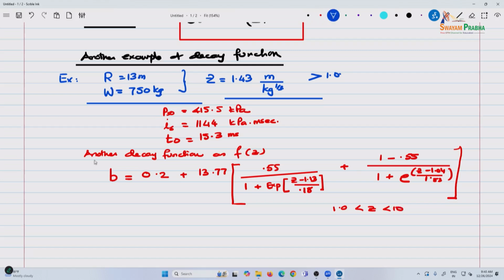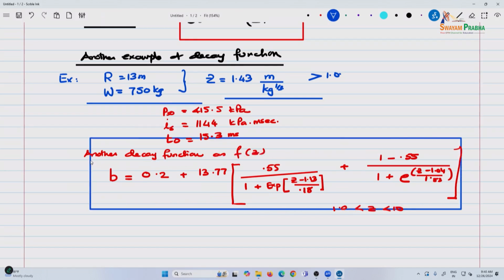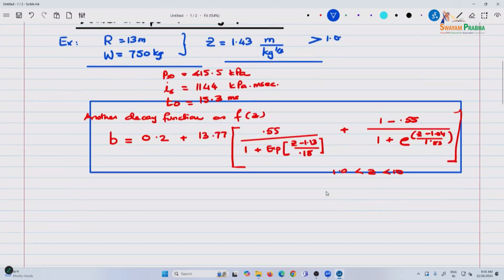So as you can see, the decay function is clearly not a constant, and it is a highly complex function. If you calculate in this case, for Z equal to 1.43, B comes to 4.48.